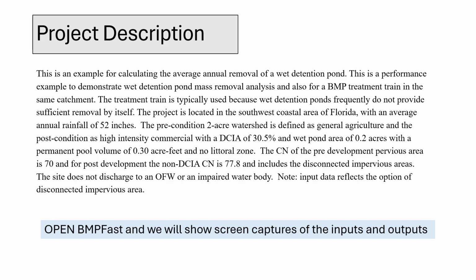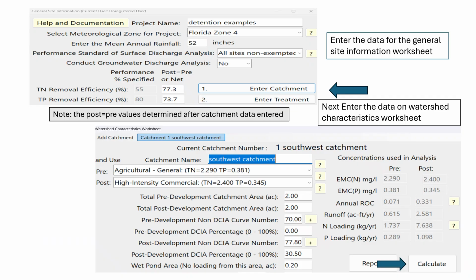This reflects the option of disconnected impervious area in our input data. Finally, it's worth noting that this particular site does not discharge into an outstanding Florida water or an impaired water body.